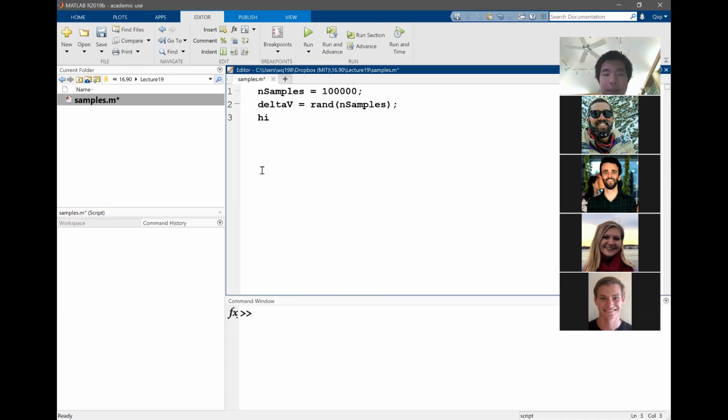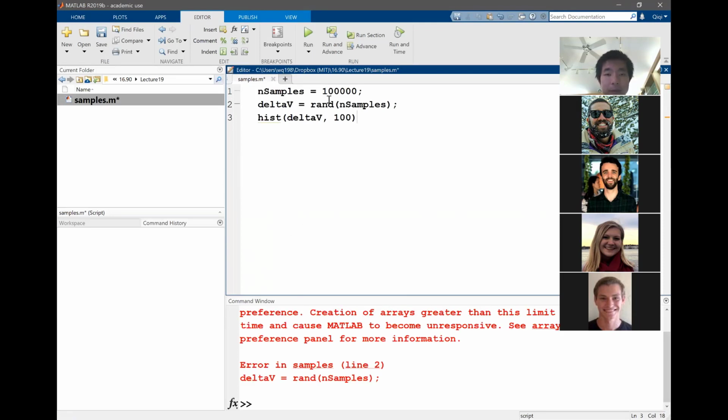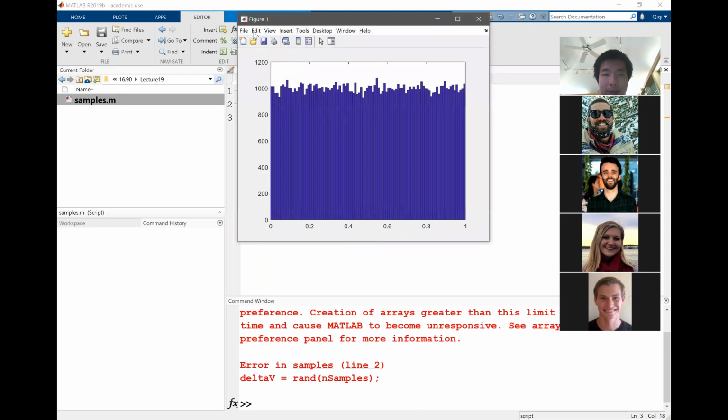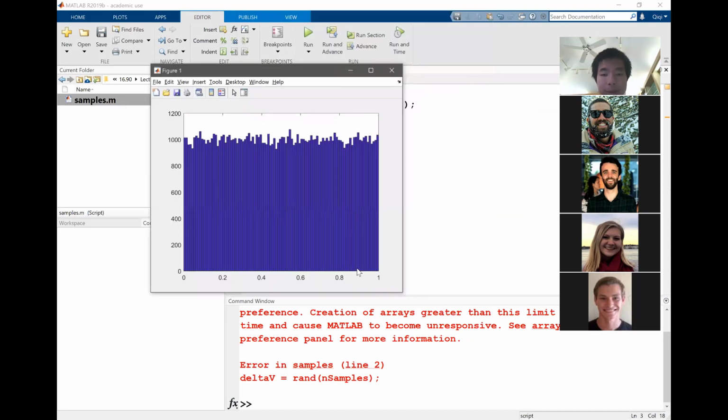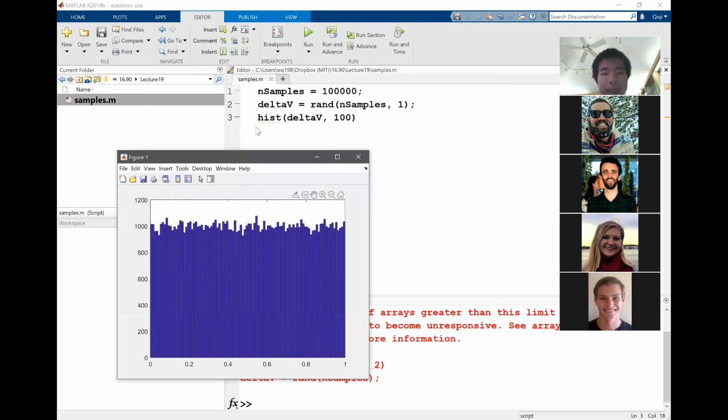If I histogram delta V with 100 bins, of rand samples, I get a uniform distribution between 0 and 1. How do I make these uniformly distributed between 210 and 250?